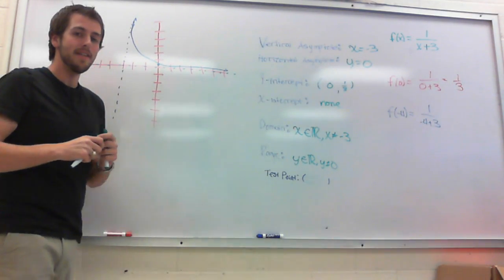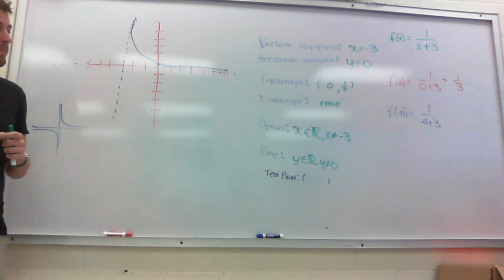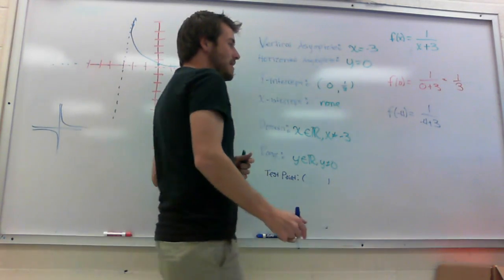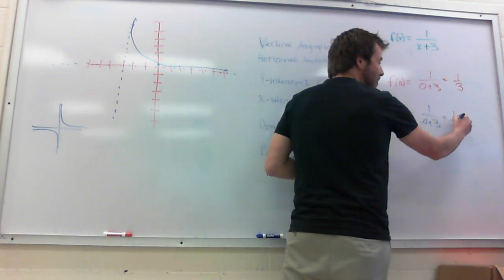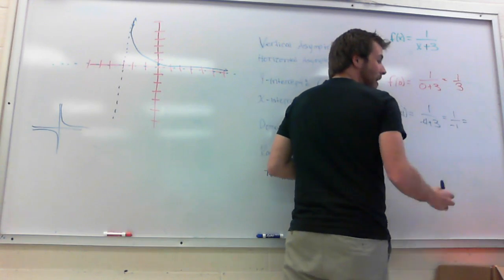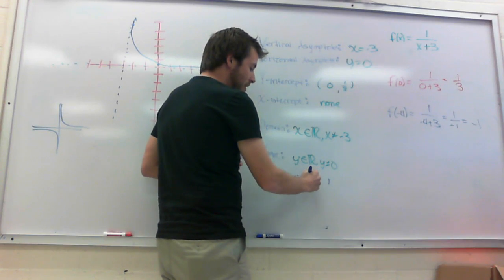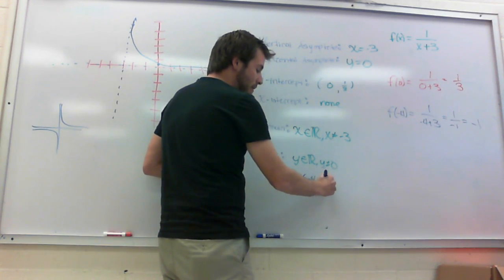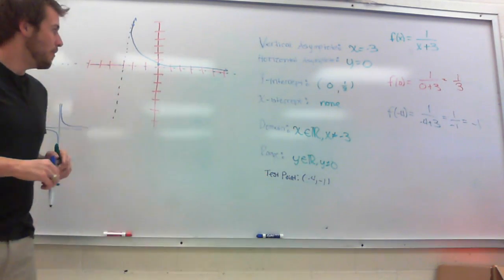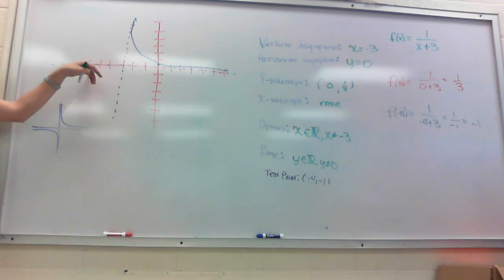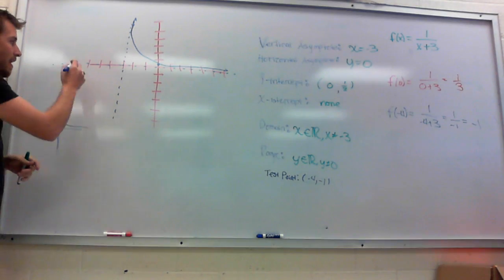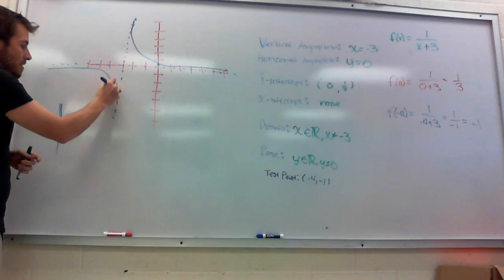And it looks like it's going to be negative, because my bottom part simplifies down to -1. And when you divide 1 by -1, you are left with -1. So my test point of -4 gave me a result of -1, which means that there is a curve below the x-axis, and I can now draw it.